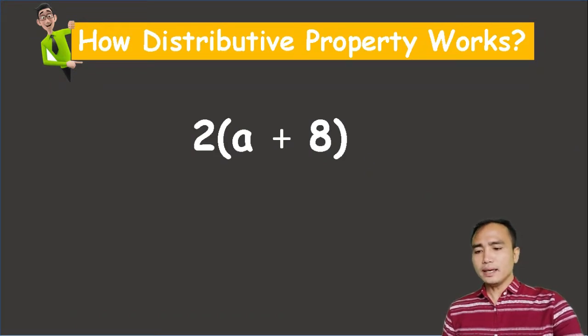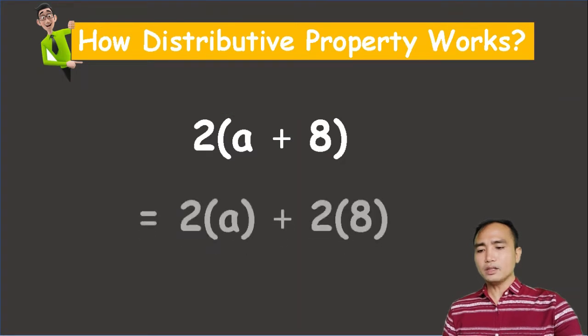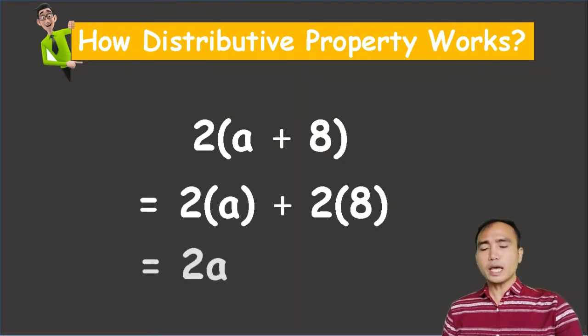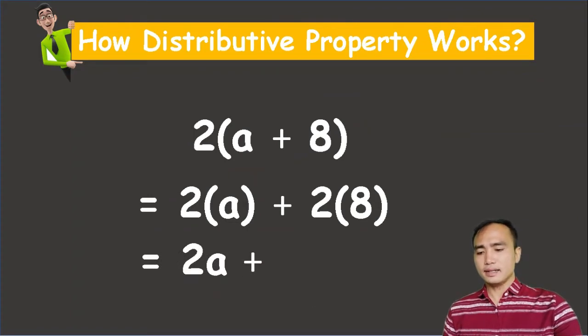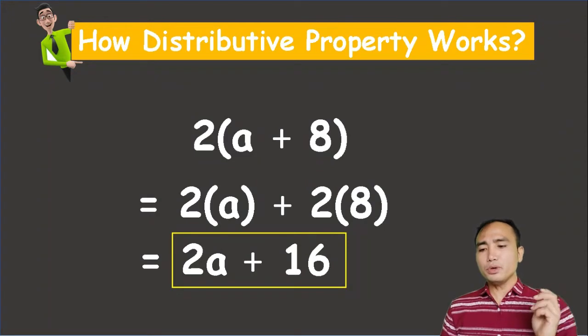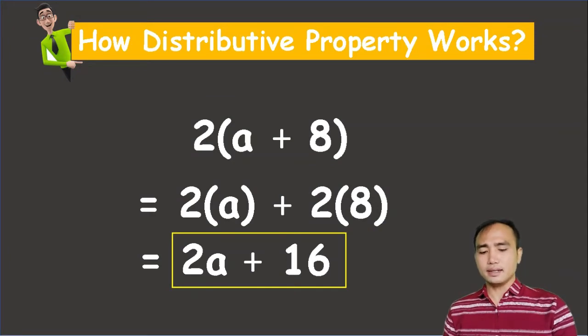So 2 times a plus 2 times 8. 2 times a is 2a, and 2 times 8 is 16. So after we distribute 2 to each member of the group, the answer is 2a plus 16.